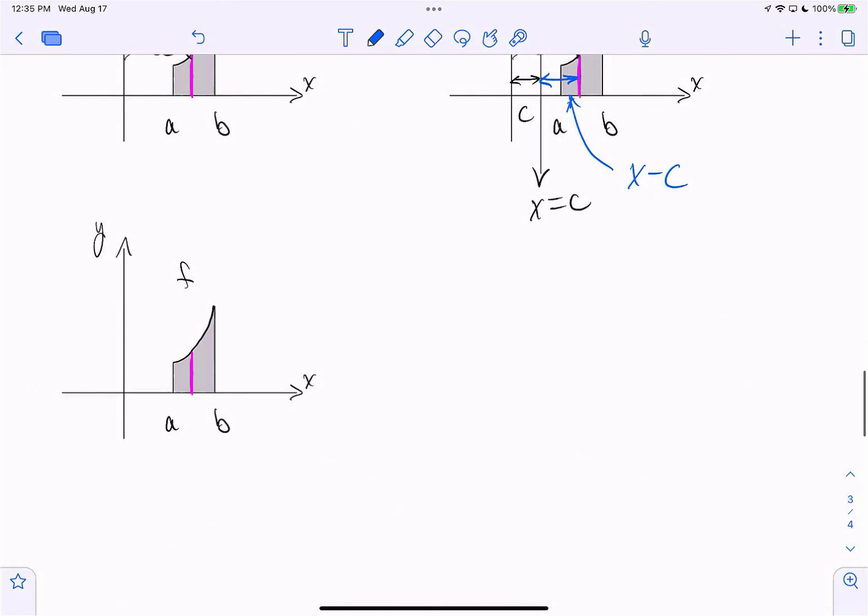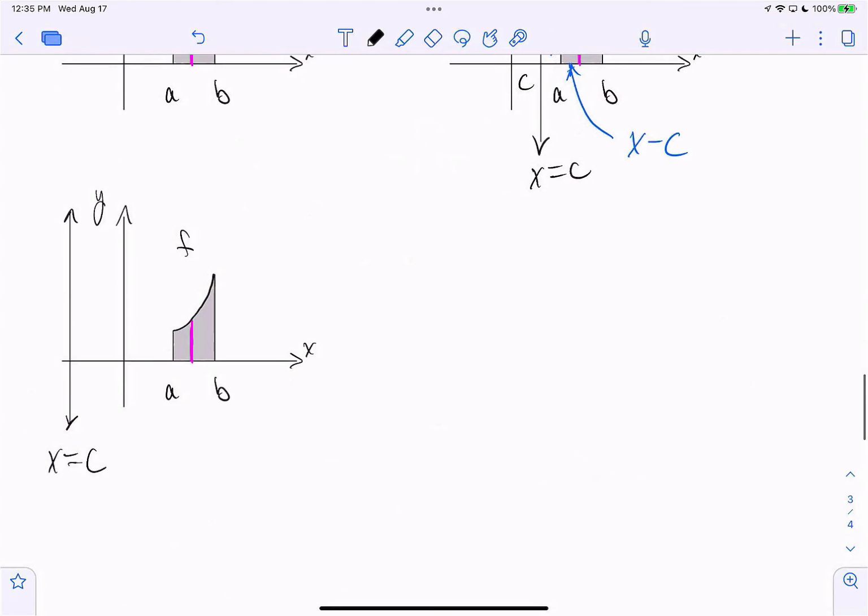Let's keep changing it up. Now we're going to have a vertical axis of rotation at x equals c, where c is negative, so to the left of the y-axis. This distance between the y-axis and our representative rectangle isn't changing, so our radius is still going to be based on x. I'm going to tell you it's x minus c, which maybe doesn't make a whole lot of sense until you think about that c is negative.